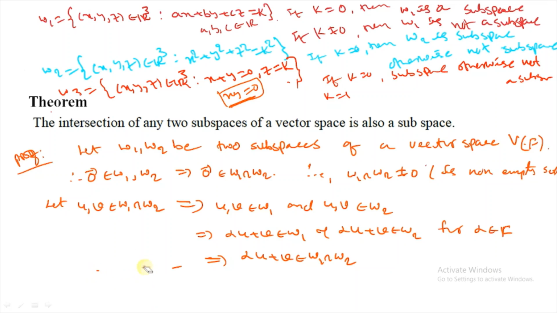So we have taken u, v in the intersection and got that vector addition and scalar multiplication are again in the intersection. Therefore, W1 intersection W2 is a subspace.